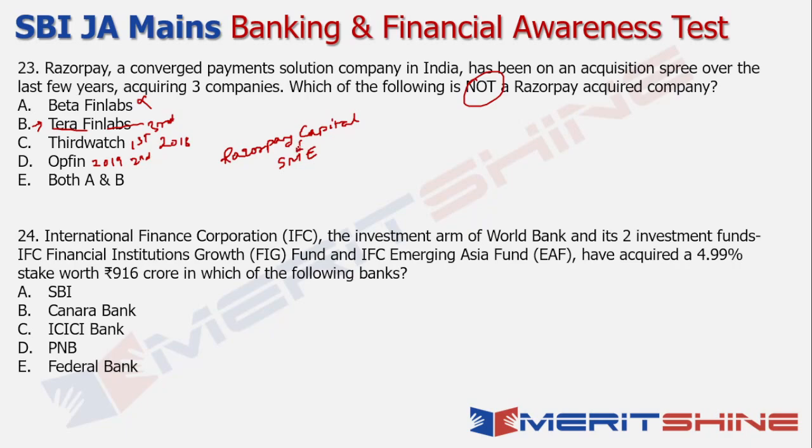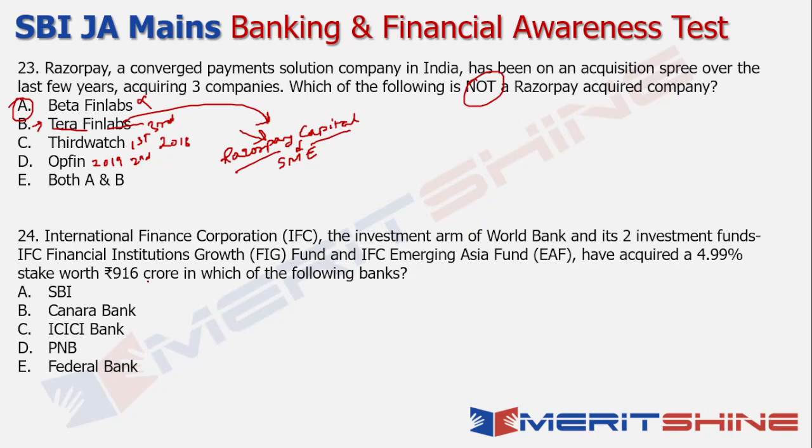So to target the SMEs, Razorpay Capital was created, and this business unit will be using the TerraFin Labs acquisition, so as to integrate artificial intelligence and risk management in order to create a credit line for the merchant network of Razorpay. So the answer in this case happens to be Beta. That's the answer here.